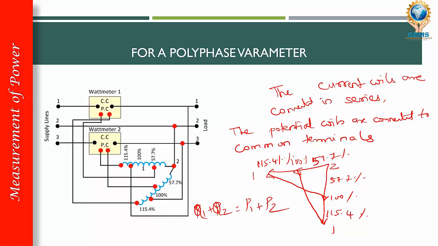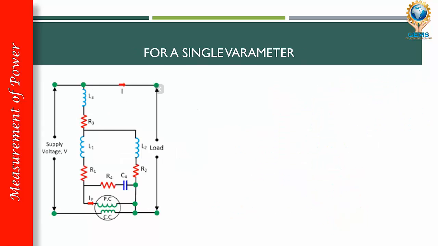Now we will see how we can measure the reactive power in a single phase varmeter. In a single phase varmeter, the pressure coil has a large inductive reactance and is substituted with a series resistance, which is quadrature in nature. In a three-phase circuit, the line voltage and current have a phase angle of cos of 90 plus phi, but here for a single phase varmeter, it lags by an angle of cos of 90 minus phi, again from the phasor diagram.